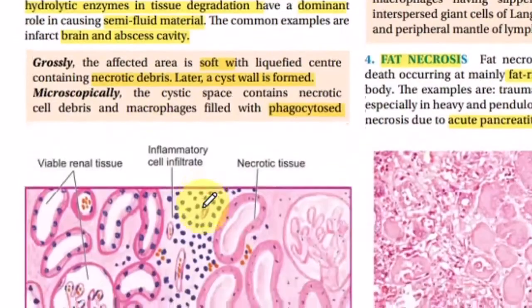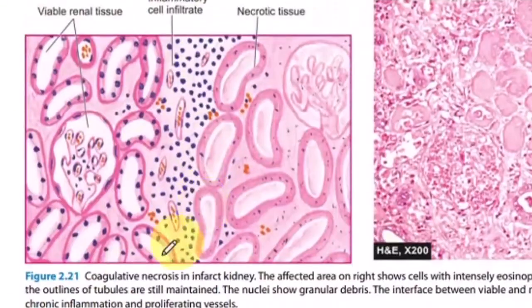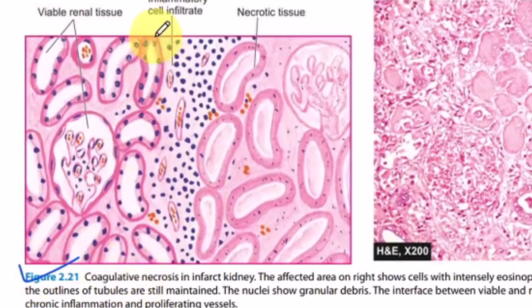Now microscopically you can see coagulative necrosis in a slide here. This part is the normal kidney and here there is a necrotic kidney, so you can easily differentiate both. Here the proximal tubules, the glomerulus and the glomerular capillaries are well maintained.